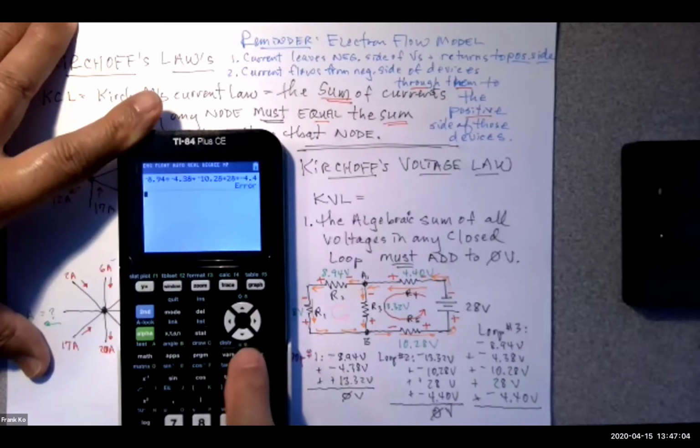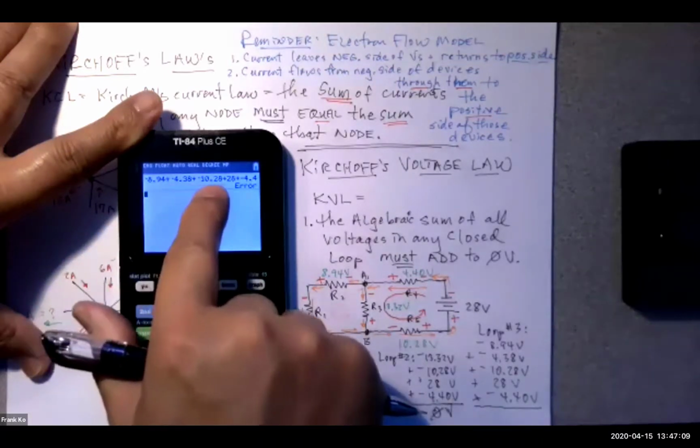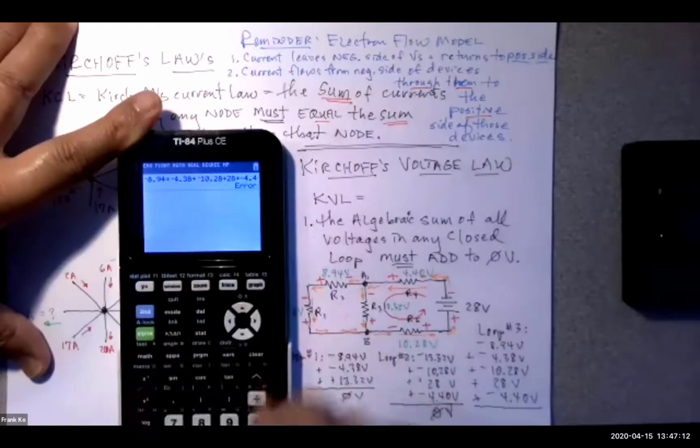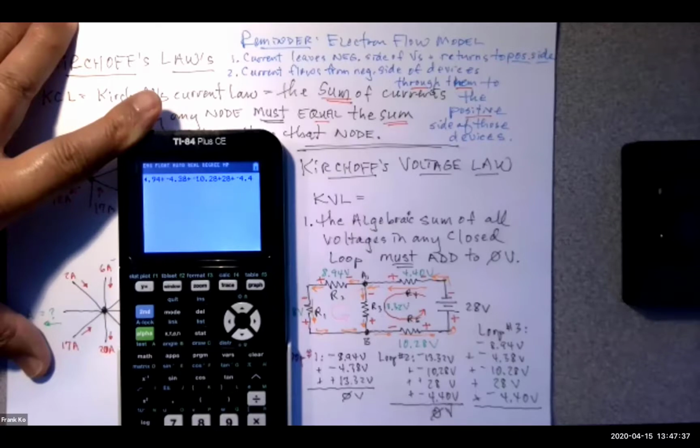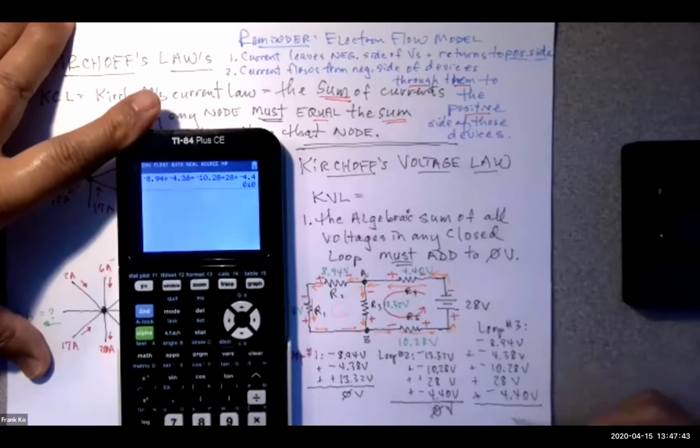Oops, I messed up somewhere. Okay, I'll do this again. Pardon me, negative 8.94 plus negative 4.38 plus negative 10.28 plus 28 plus negative 4.4, end up with, wow, how about that? 0 volts.